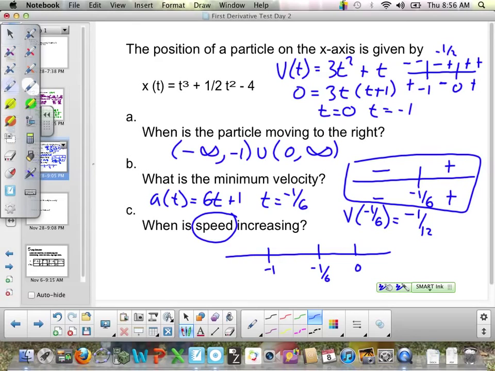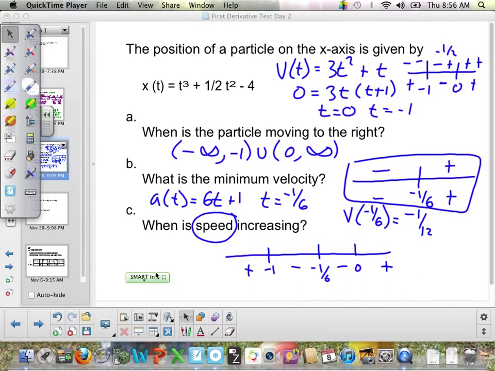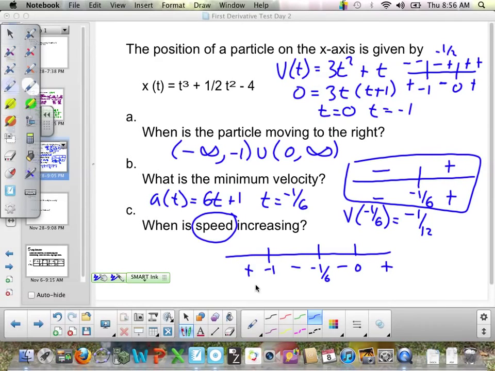On the velocity, we went positive there and there, negative everywhere else. On acceleration, we went negative up to 1/6, then positive after.